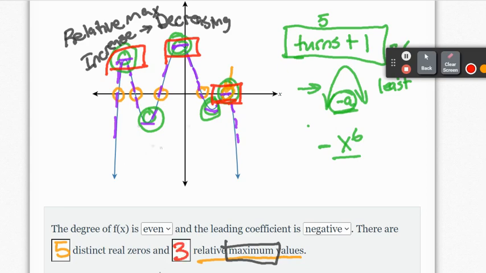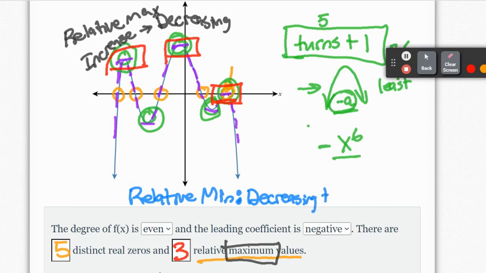There are 2 relative minimum values, but we didn't ask about that here. I'm going to take a moment to answer about future relative minimums. A relative minimum happens whenever the graph goes from decreasing to increasing.